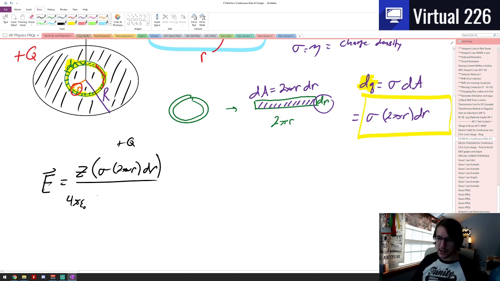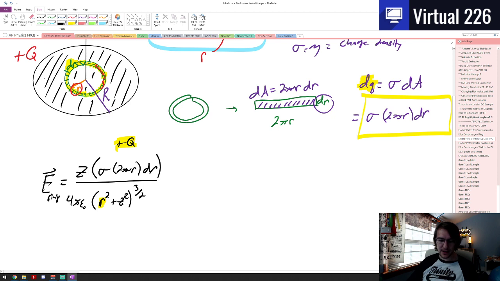Nothing's changed there. And then instead of having big R squared, this is going to be some little r squared because it's allowed to change, plus z squared to the 3/2. So I've adjusted my Q into being a more generalized term, and I've adjusted my big R squared into being a more generalized term as well. And this is for a single ring of charge.